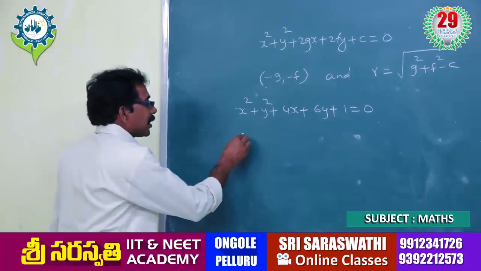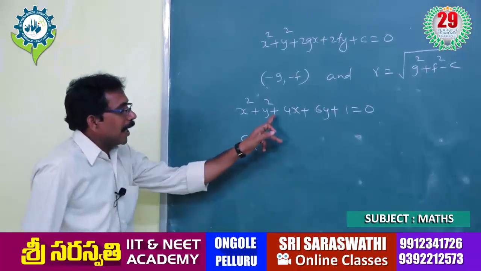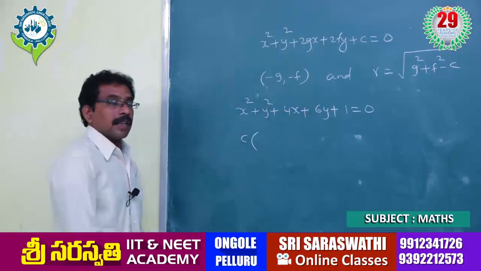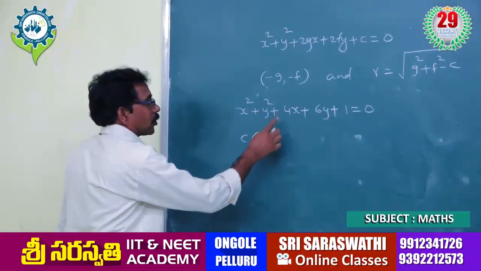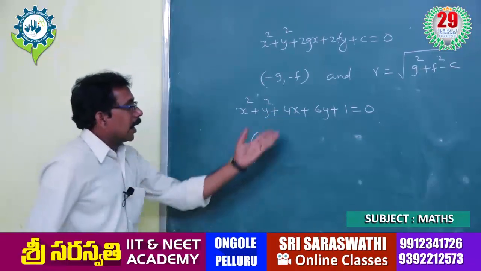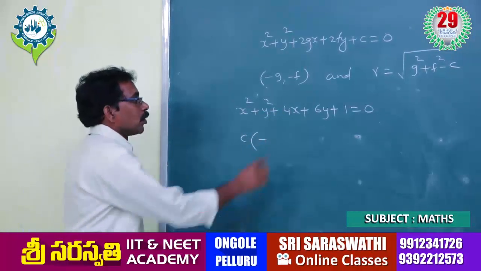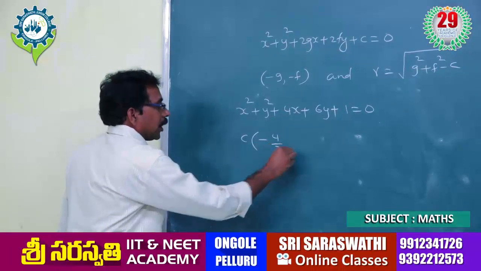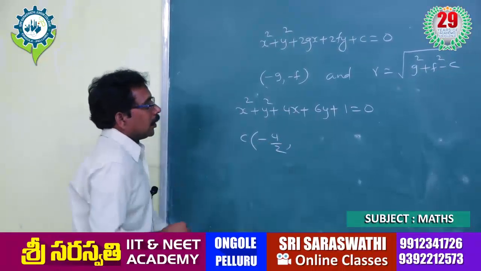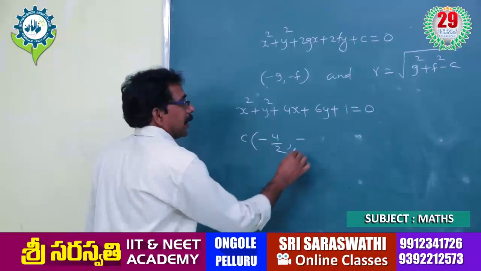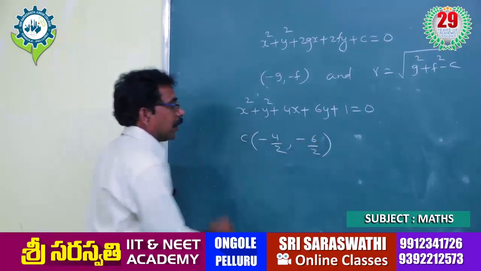So to get the center C, we have to change the signs of the coefficients. Here plus 4, so minus, and the number must be divided by 2. So minus 4 divided by 2, comma, here also the sign is positive, so minus 6 by 2.